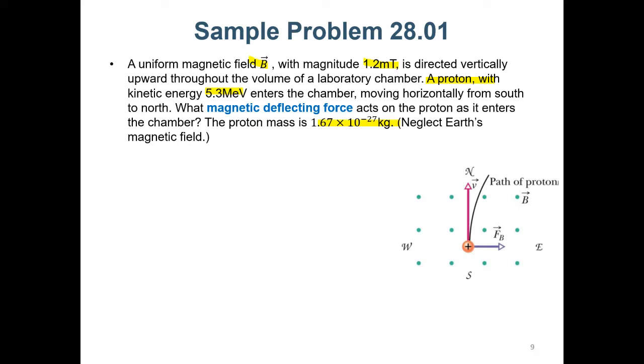So 5.3 mega eV equals 5.3 times 10 to the 6 times 1.6 times 10 to the minus 19 joule. This gives somewhere around 8 point something or 9 point something times 10 to the minus 13.